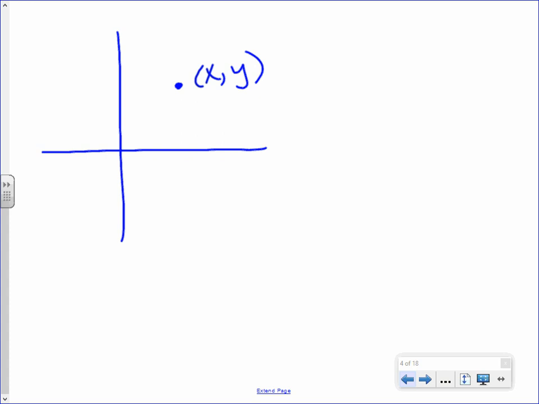How do we move to get there? We go over x and up y. What happens with polar coordinates? We rotate theta and then we move out r.